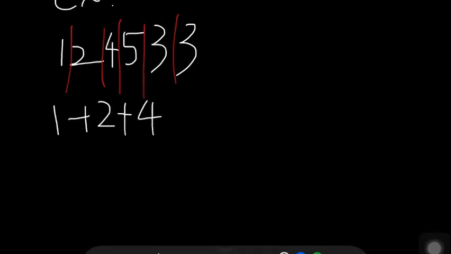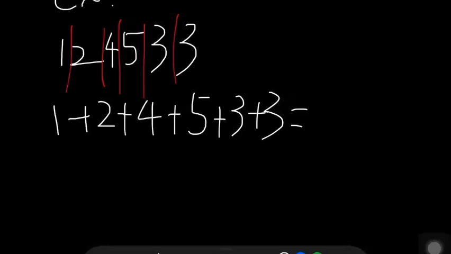Let's say 124,533. Okay, I think this is better. The sum of the digits will be 1 plus 2 plus 4 plus 5 plus 3 plus 3, which equals 18.